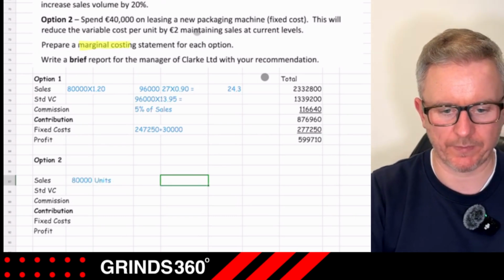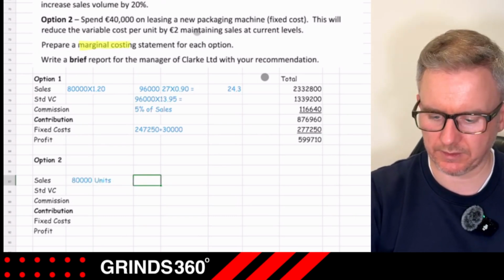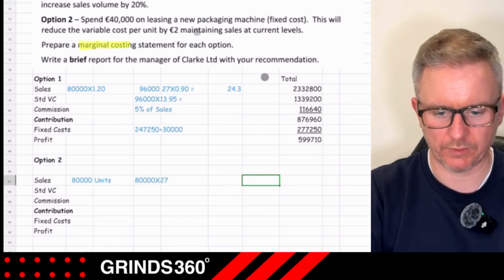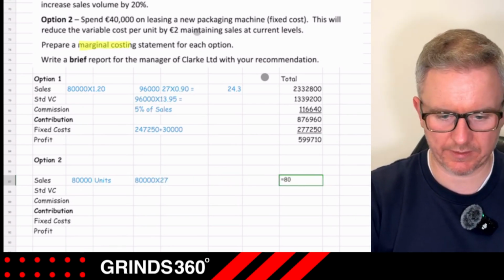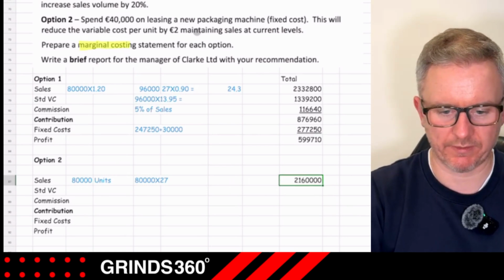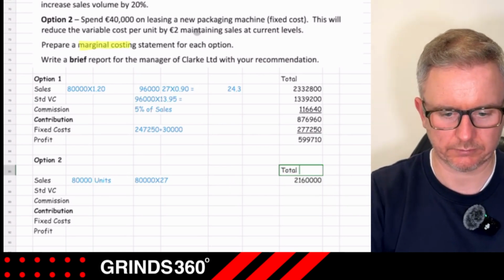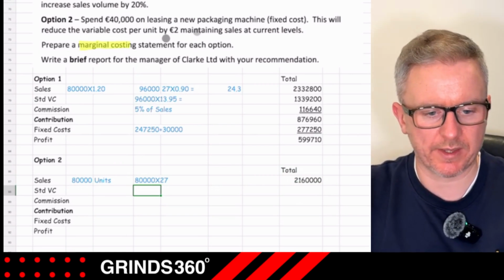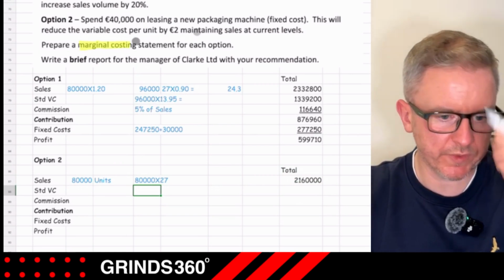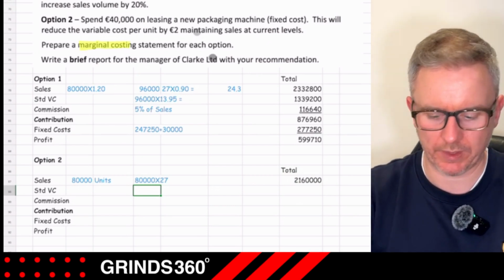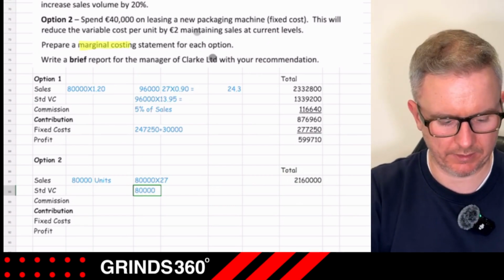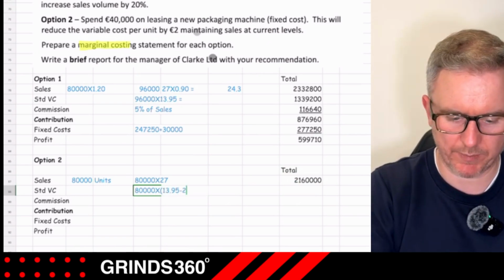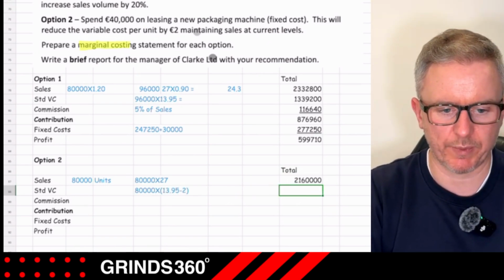I get that much in. My selling price is still the 27. 80,000 times 27, no change in the selling price. Standard variable cost, this time it has changed. So reduce the variable cost per unit by €2. So it's going to be 80,000 times the standard variable cost, which was €13.95, but that's being dropped by €2 because of our new packaging machine.